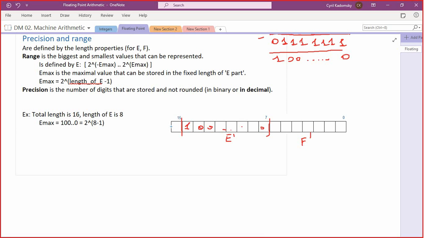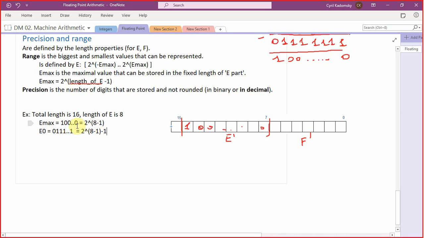And the value is such. Comparing it to the bias, which is 1, 0, and all ones, these two numbers differ by just 1. So the bias is this minus 1. You can just add 1 to this number and you obtain this number.